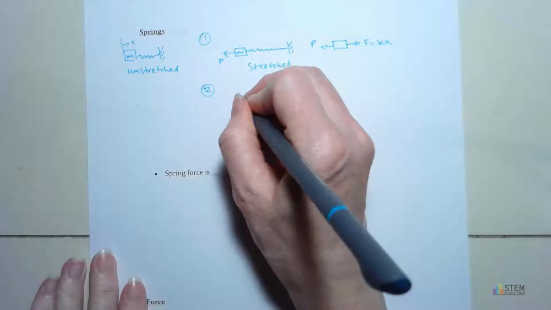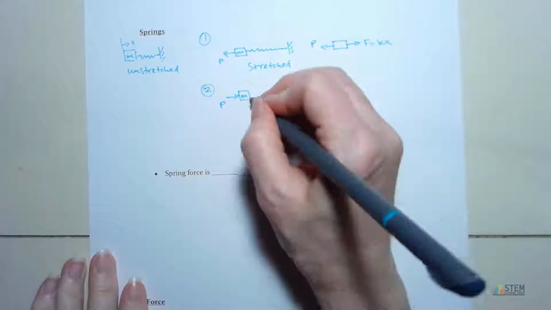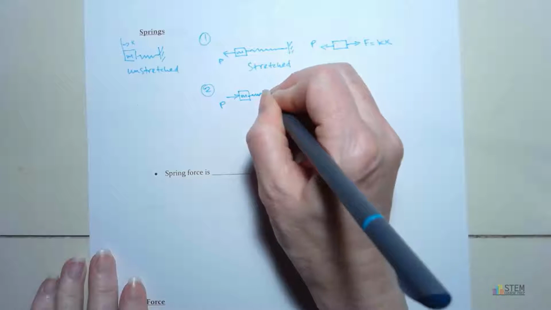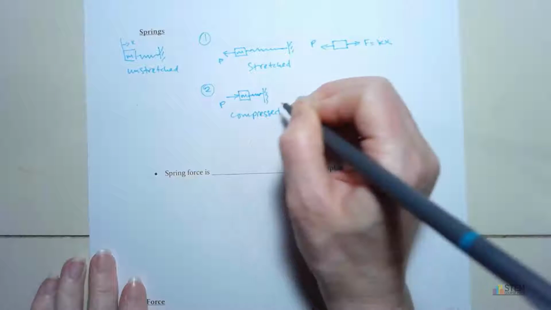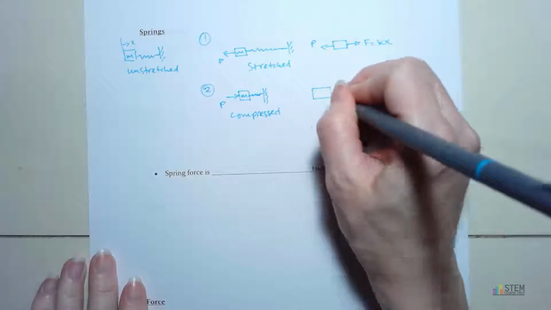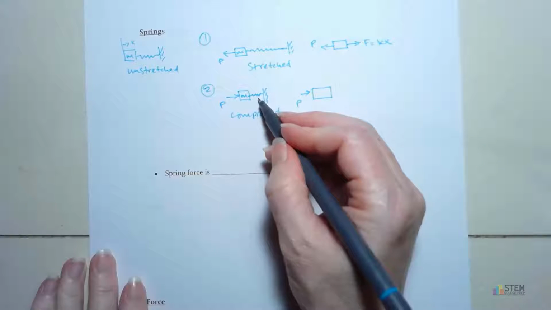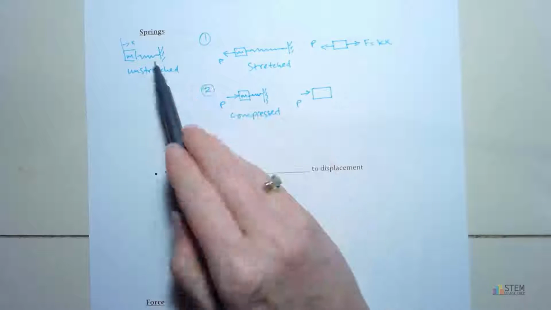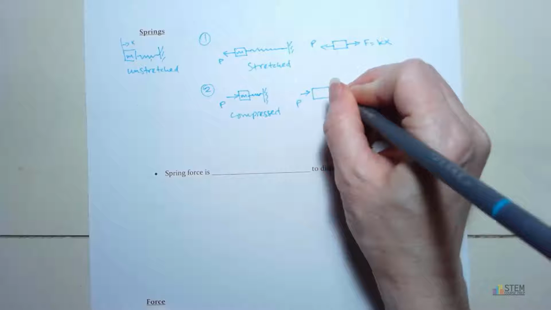The other case would be if it's compressed. So P would be pushing to the right, and then the spring gets shorter. All right, now in this case, if we draw the diagram, we've got P. Now we're compressing the spring. Well, that spring doesn't want to be compressed. It wants to be at this length. So it's going to push back on the mass.